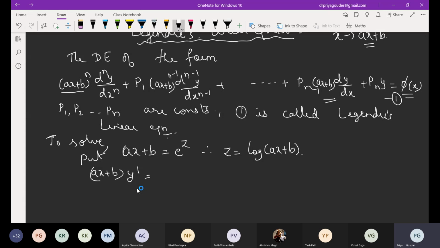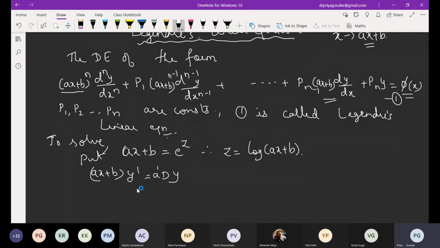What did we write in Cauchy's? Dy. Only one change. What is the coefficient of x here? X plus a, coefficient of x is a. So you'll get an extra thing, a raised to 1. If it is first order, it is a raised to 1.